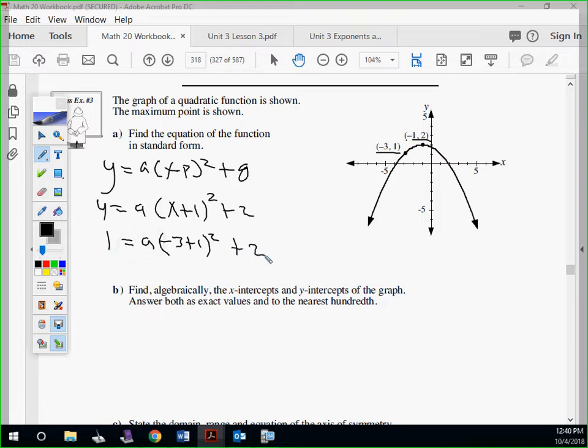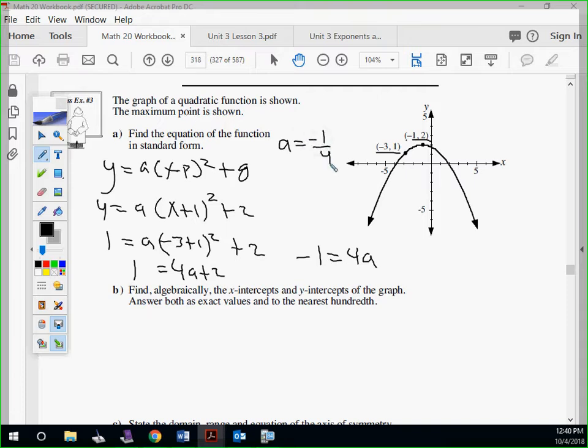So now we're just solving for a. Negative 3 plus 1 is negative 2. Negative 2 squared is 4, so I have 4a plus 2 equals 1. Minus the 2 to 1 gets me a negative 1. Divide by the 4, negative 1/4. So a is negative 1/4.